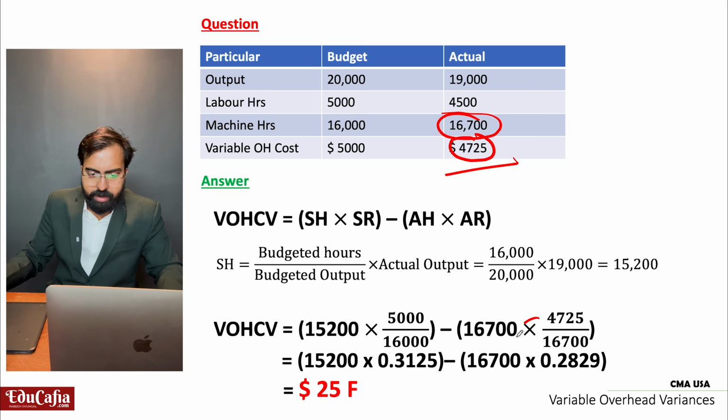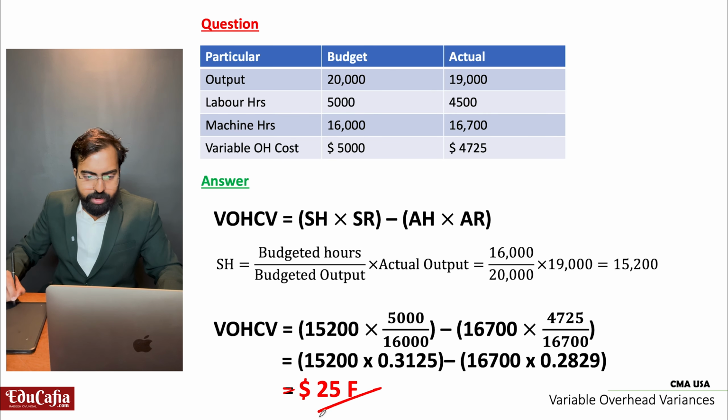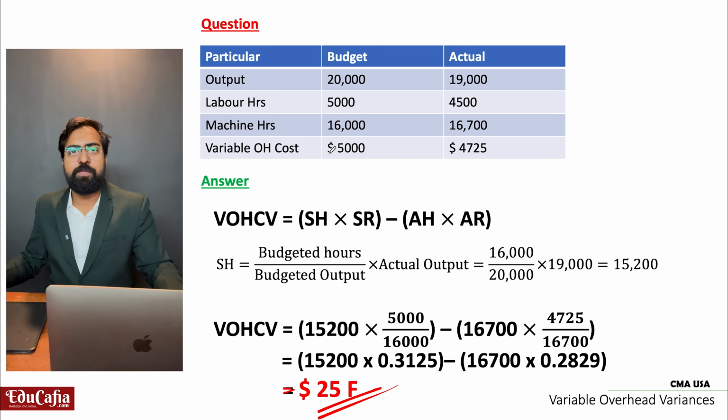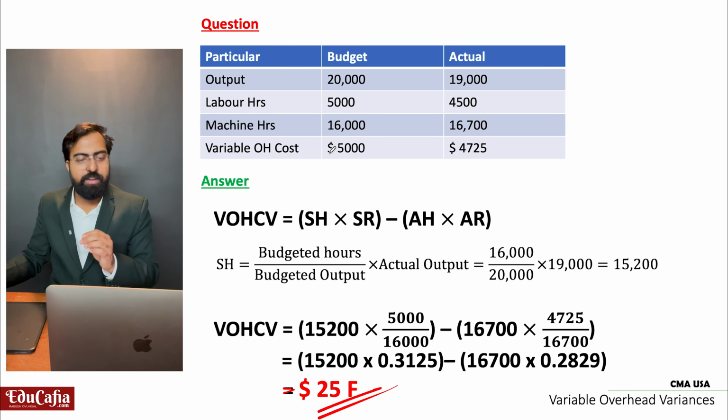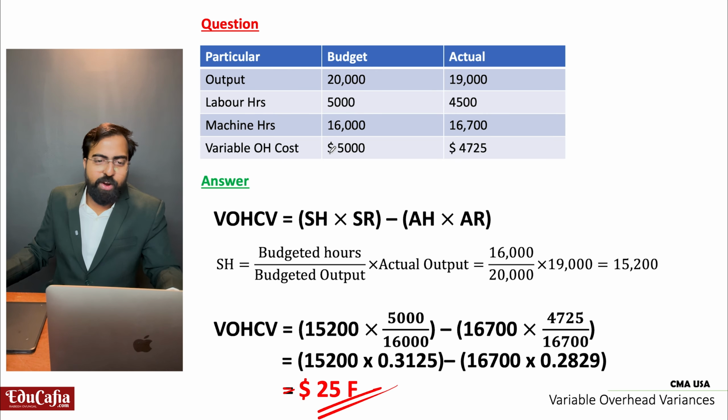If I take the total calculation, it is $25 favorable. You got it?